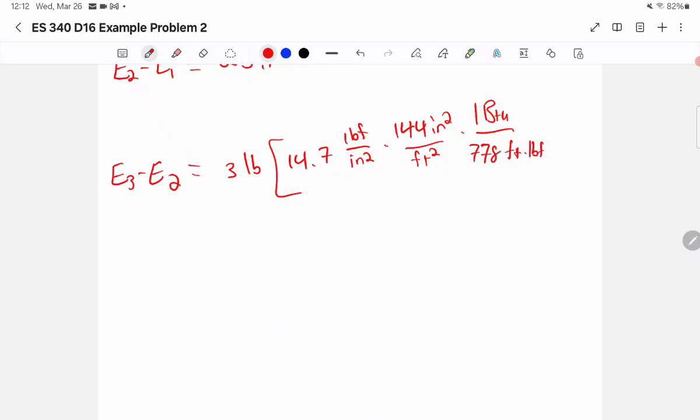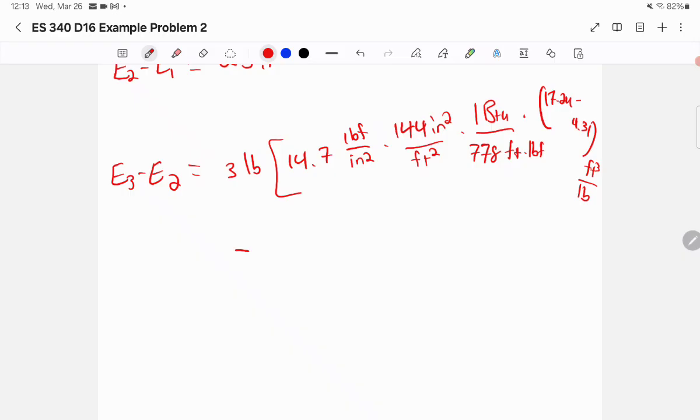Boy, and I'm going to run out of room here, times 17.24 minus 4.31 foot cubed per pound. Phew! So that's that term.